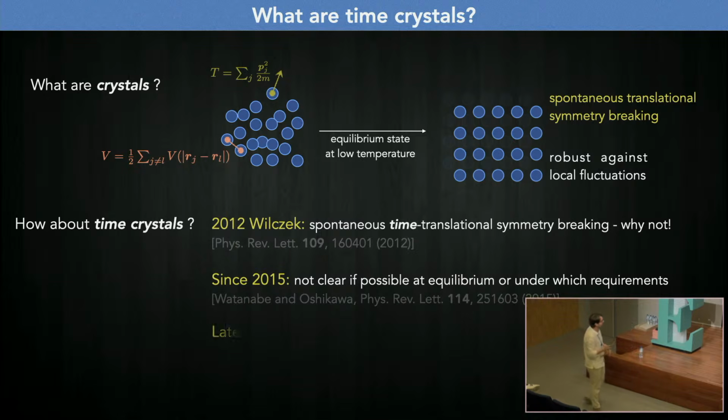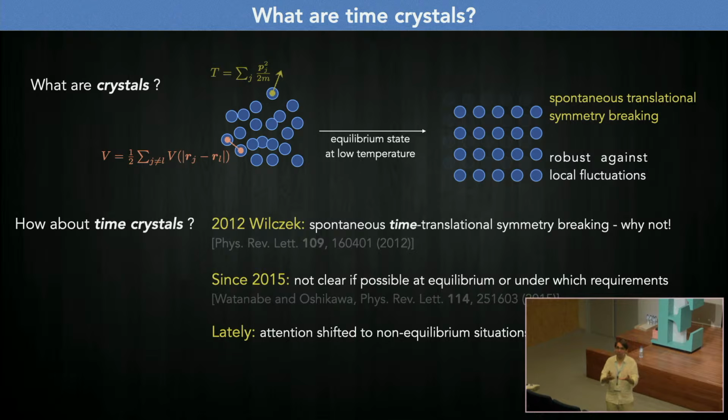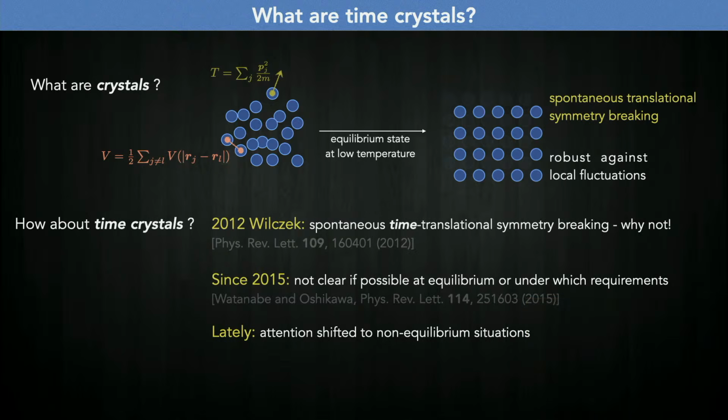But the point is that at equilibrium, it's unclear what the conditions are, or whether it is possible to have a system of particles that at equilibrium spontaneously start oscillating. Also, this sounds a bit like the perpetual motion machine, right? It's a little bit weird.